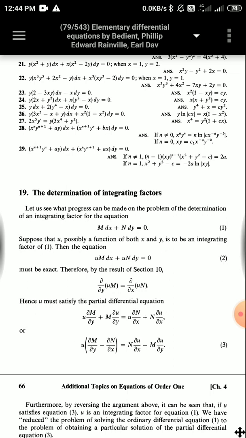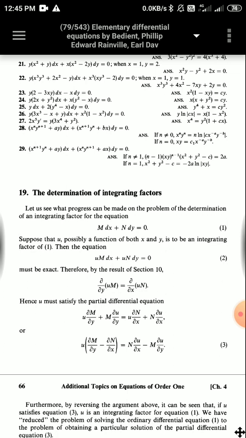Therefore, by the result of section 10, the partial derivative of uM with respect to y and the partial derivative of uN with respect to x are the same. Hence, u must satisfy the partial differential equation u ∂M/∂y plus M ∂u/∂y is equal to u ∂N/∂x plus N ∂u/∂x.